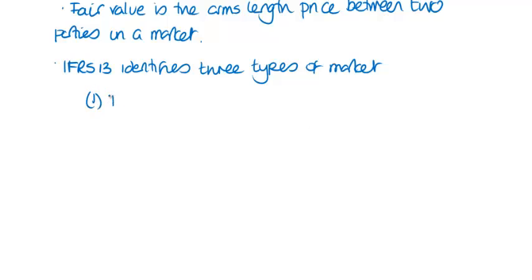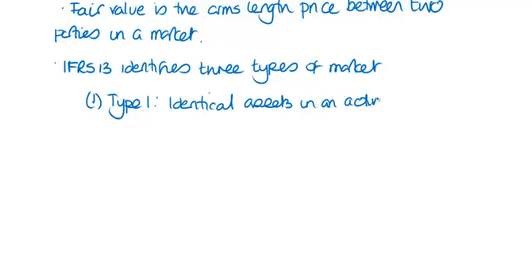One, we've got a type 1 market. Here we're looking at identical assets in an active market. So there's lots of transactions.